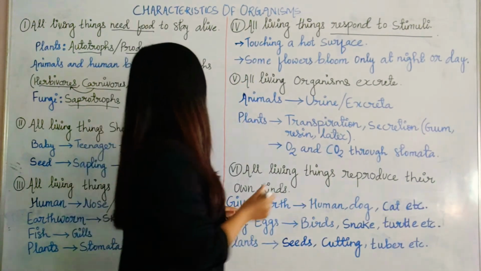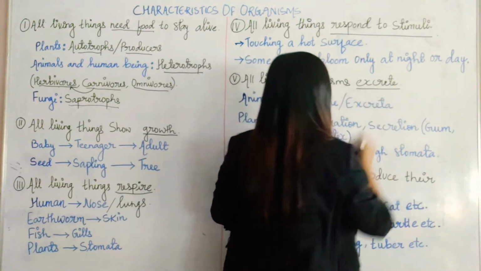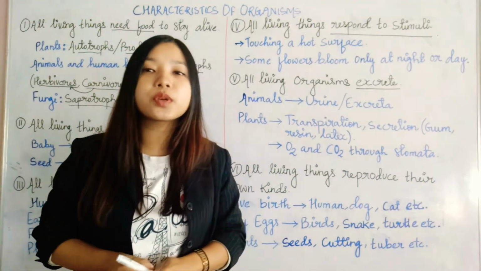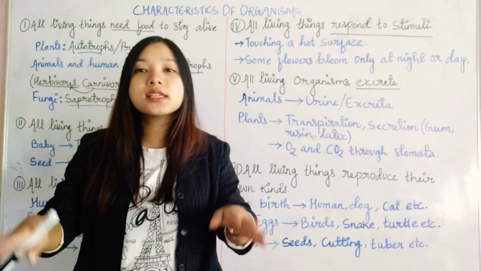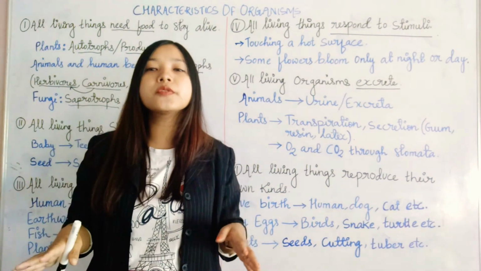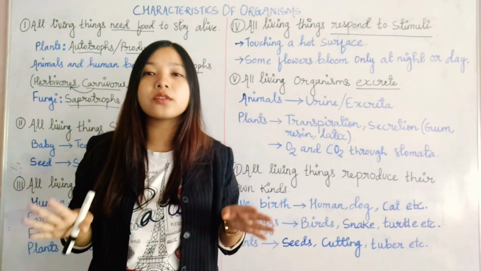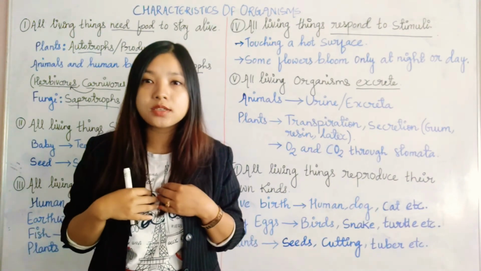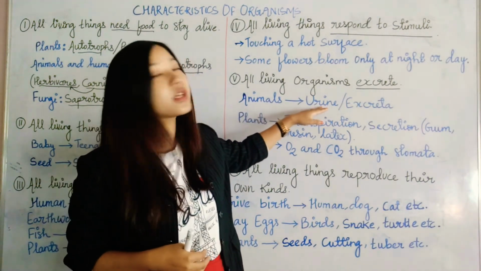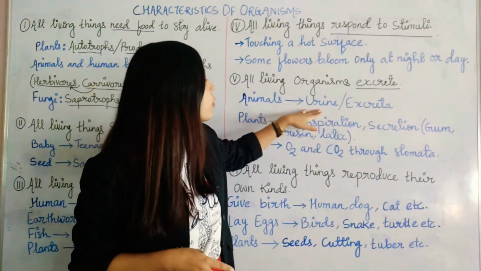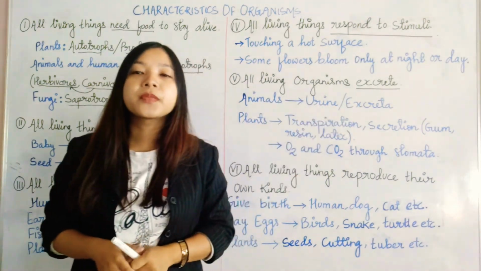Next thing is, all living organisms excrete. Excretion is the process by which an organism releases or removes the unwanted products present in its body. For example, in animals we can see they excrete or remove things in the form of urine or excreta.